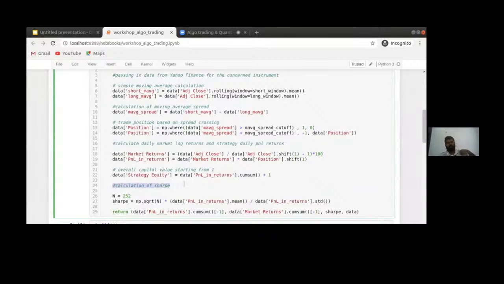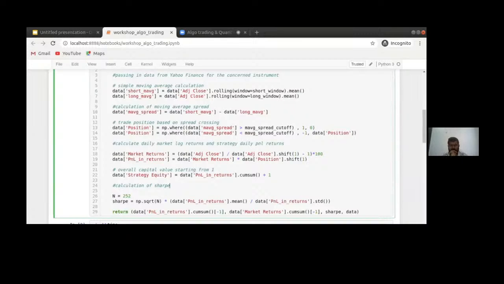So in this portion I calculate the Sharpe ratio, which is a pretty important metric in the world of trading. Sharpe ratio basically means something like a returns to risk ratio.